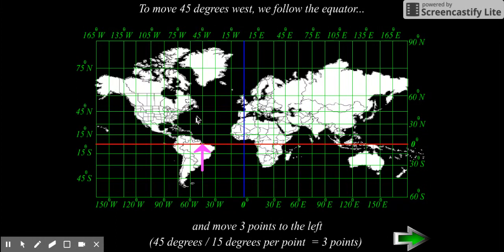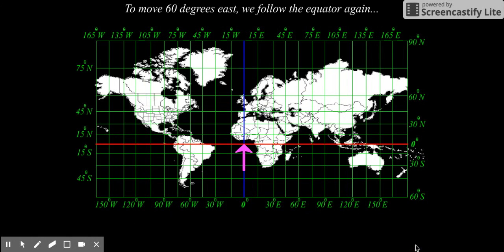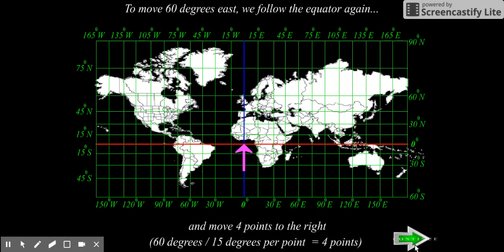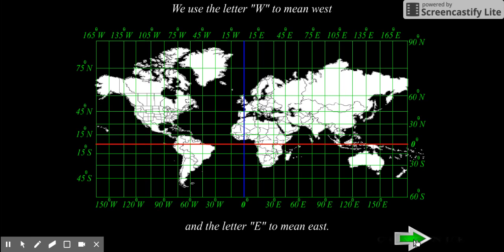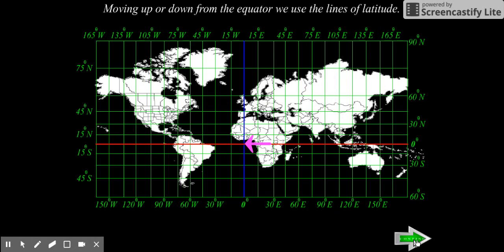Now you see we're on the line 45 degrees west. To move 60 degrees east, we follow the equator again and move 4 points to the right. Now we're moving to the right. That's the eastern hemisphere. We use the letter W to mean west and the letter E to represent east.